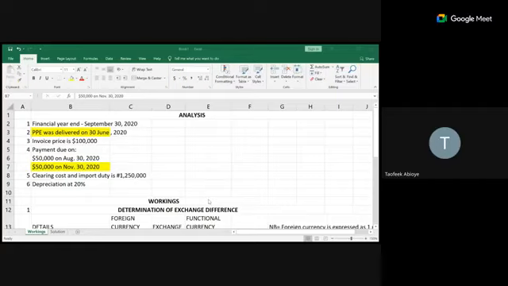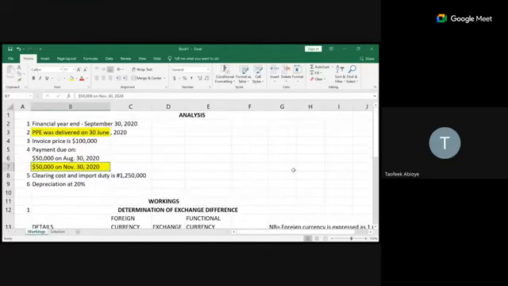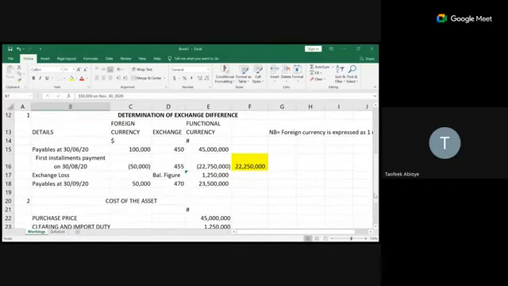Assuming they ask us to show our financial statement extracts, it will show in our balance sheet that we are owing some amount. But they didn't ask us to show any financial statement extracts. So we just know that our payables as at 30th is this amount.